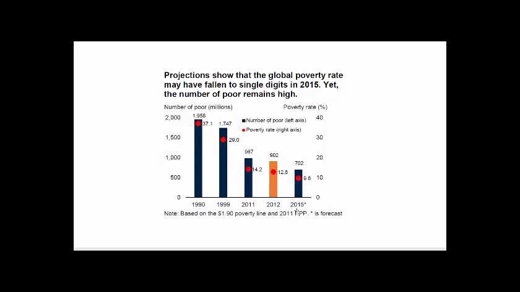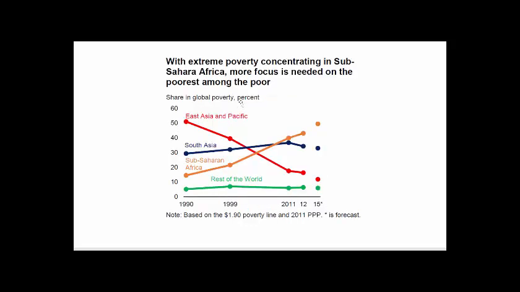So here, what you look at is the poverty rate in 1990 was nearly 2 billion people, and this has fallen to something like 750 million to a billion. So extreme poverty has fallen quite a bit in the last few years. And this is all across the board.